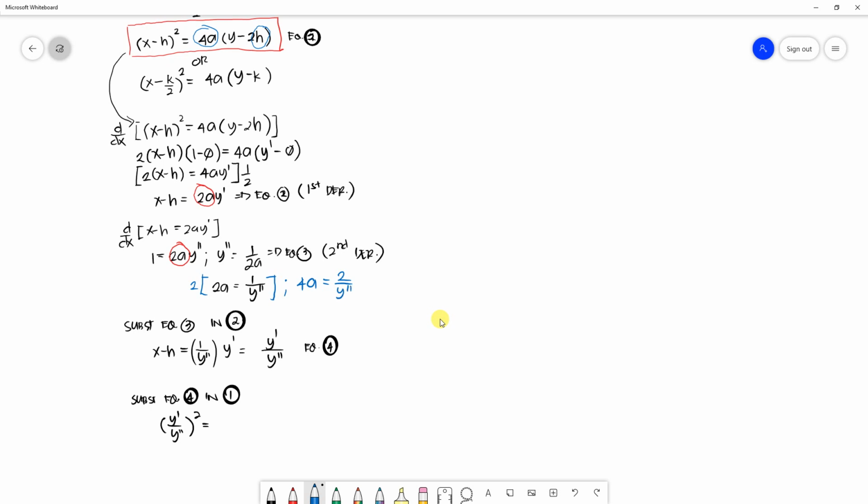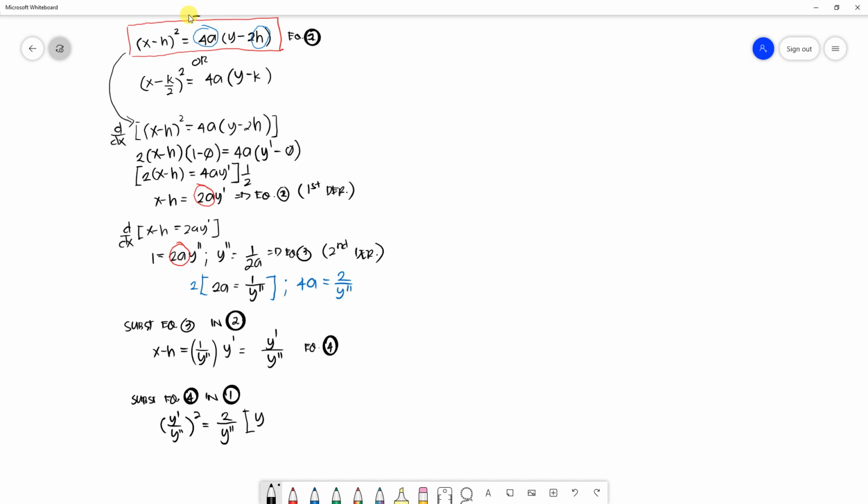Tandaan na tinatanggal natin yung arbitrary constant, para sa differential equation na matitira, wala nang arbitrary constant. Ito na yung magiging value ng 4a, which is 2 over y double prime, times.